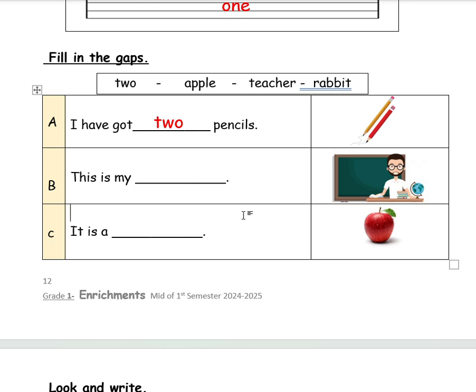All right. Now, this is my teacher. This is the word teacher. I just write it here.